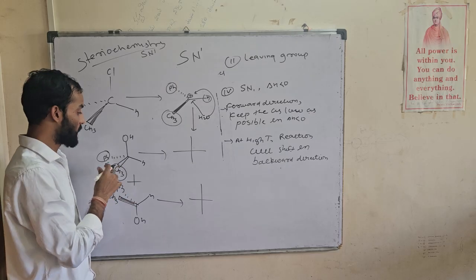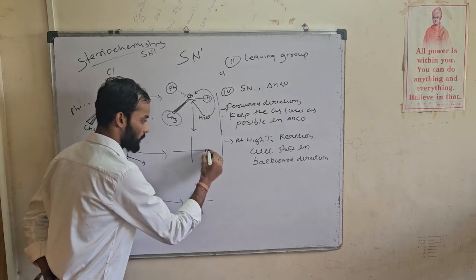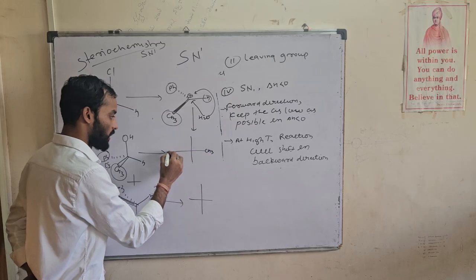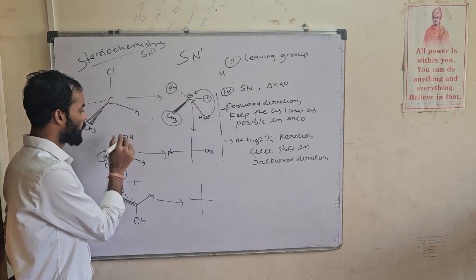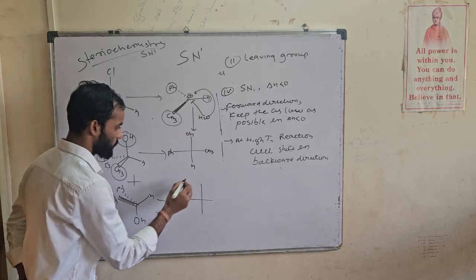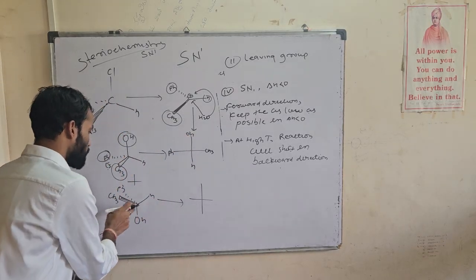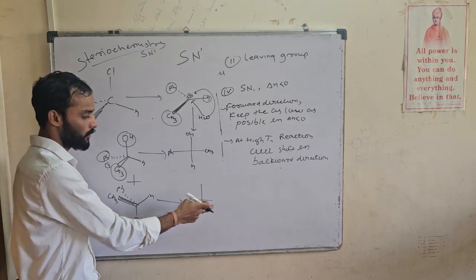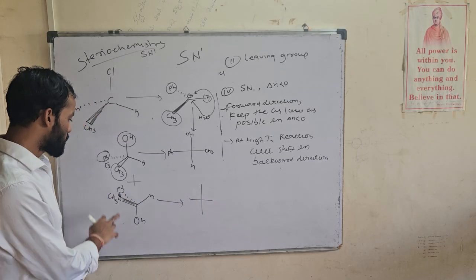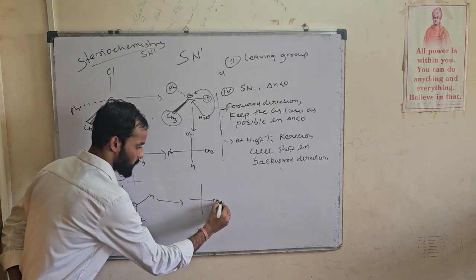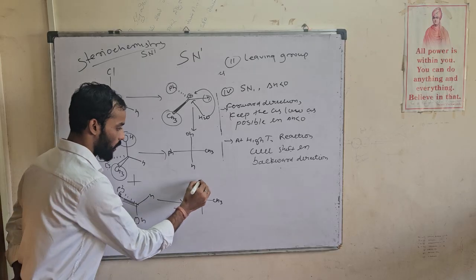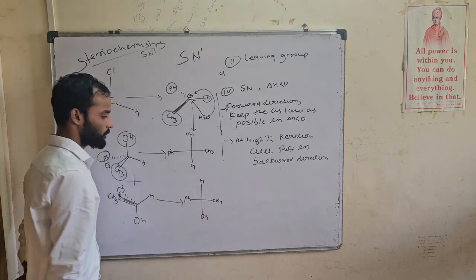It means we write them on the horizontal line, with methyl on the right side, phenyl on the left side, OH on top and H on bottom. Similarly, we can convert the second product into Fischer projection formula by seeing from this angle. We observe that the methyl group is on the right side, phenyl on the left side, H on top and OH on bottom.